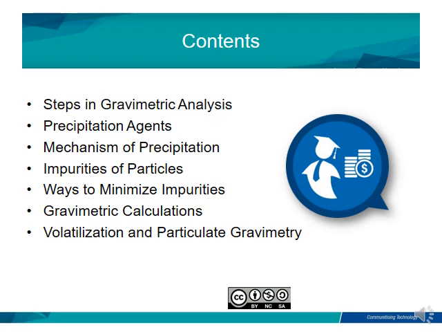So you will also learn on how to minimize the impurities, to avoid any impurities in your precipitation. Next is a gravimetric calculation. So basically this chapter also involved with the calculation, and the last part is the volatilization and particulate gravimetry.